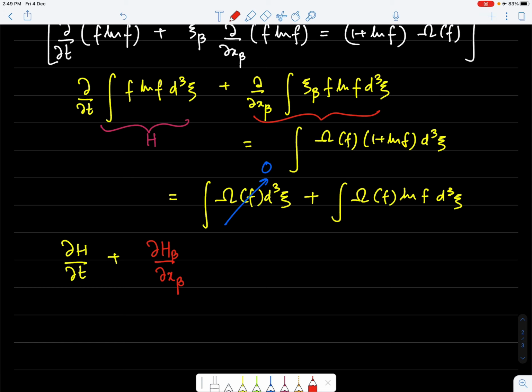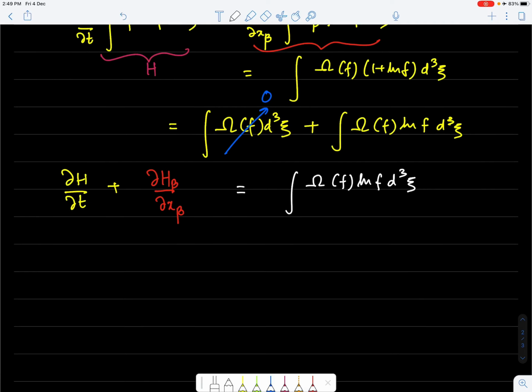So this will become equal to integral omega f log f d3 xi, where I am saying that h beta is the advective flux of h, which is integral xi beta f log f d3 xi.